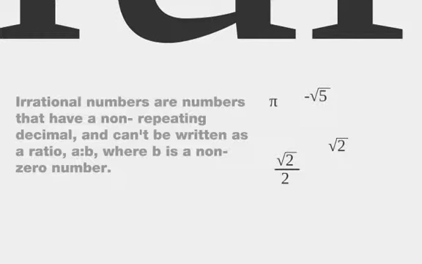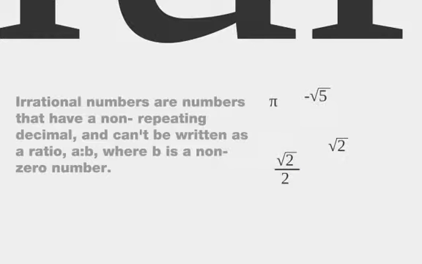Something like good old pi, yummy pie, or the square root of 5, or the negative square root of 5, or the square root of 2, or the square root of 2 divided by 2. This could be written as a ratio, but man, is that ugly. So it actually can't be written as a ratio because when you think about it, yes, this is a fraction, but no, the square root of 2 cannot be written as a ratio.